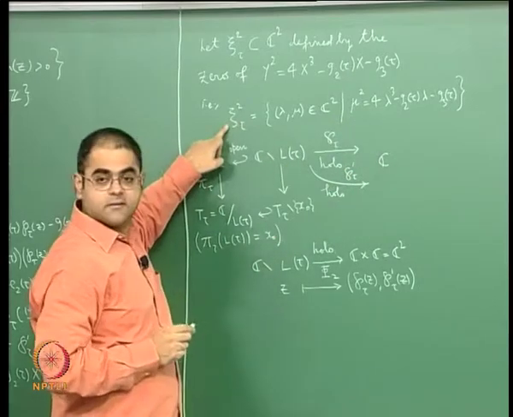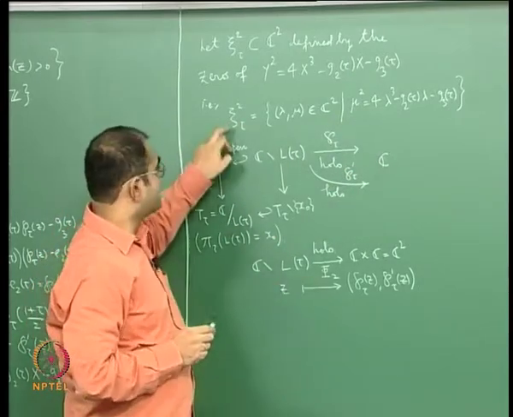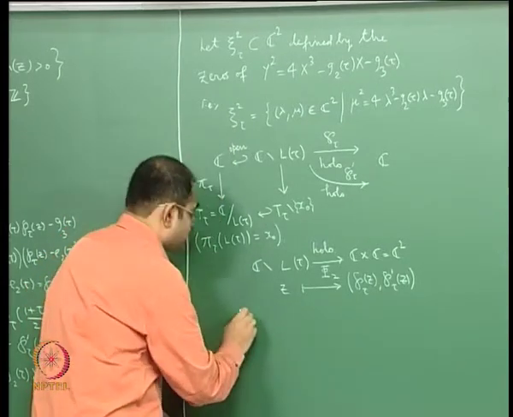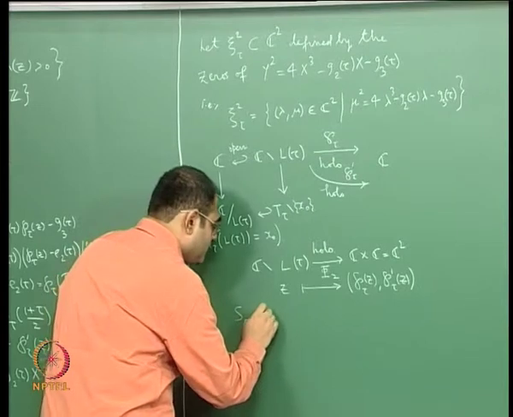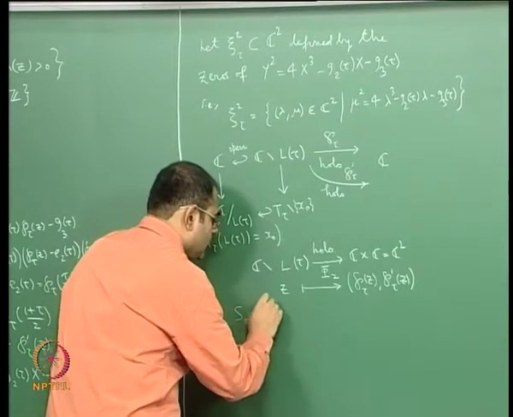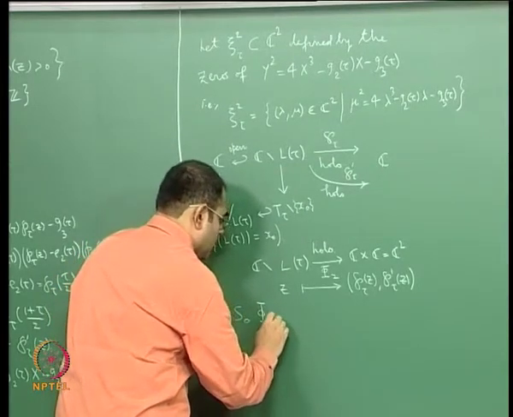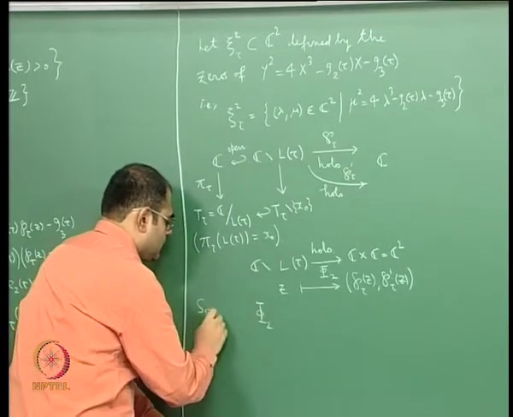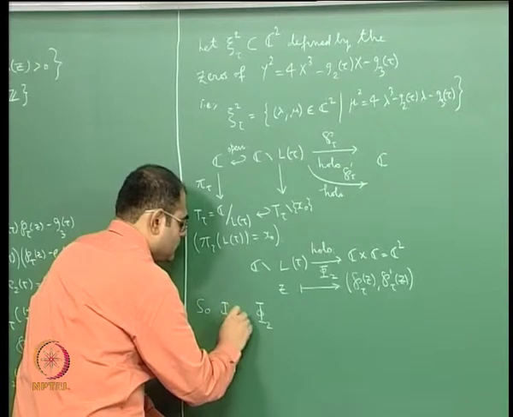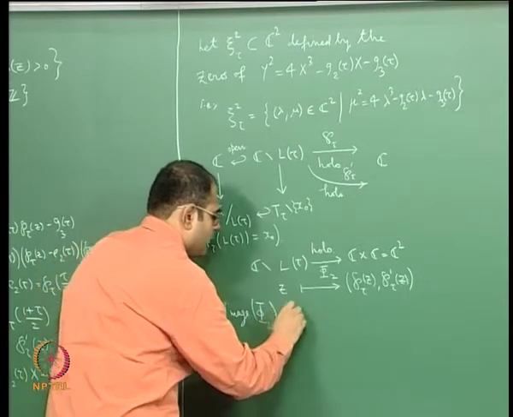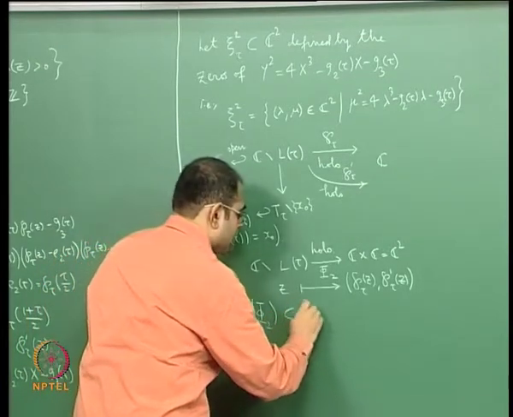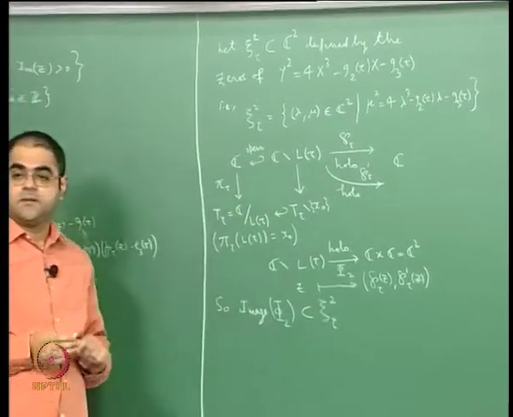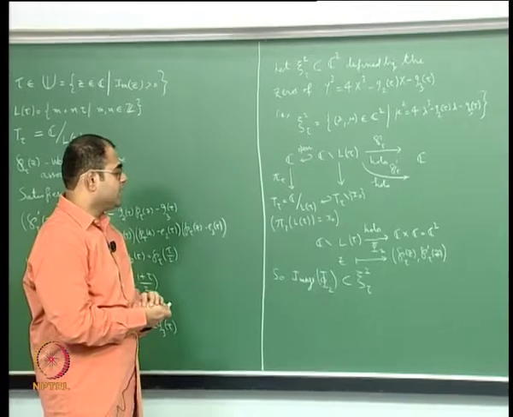So it is very clear that this map lands inside this. So the image of phi 2 lands inside psi tau, inside this subset.